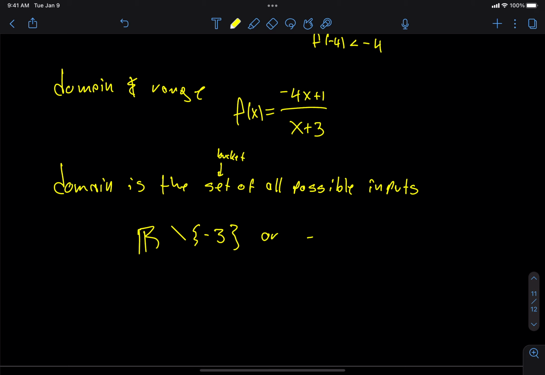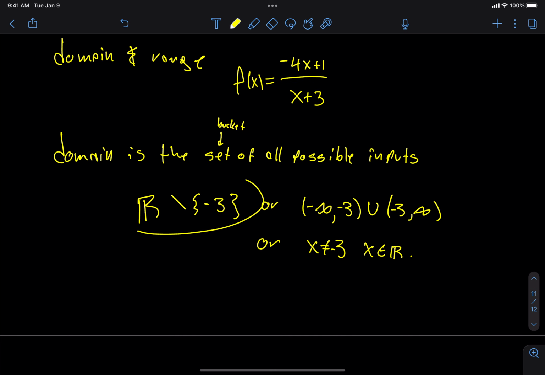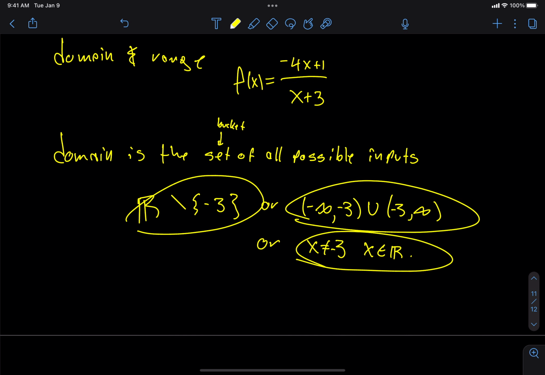Or you can say it's -infinity up to -3, and then union -3 to infinity. Or you can say x is not equal to -3, and x is a real number. Something like that. Okay, 3 different ways of saying it. 1, 2, and 3.